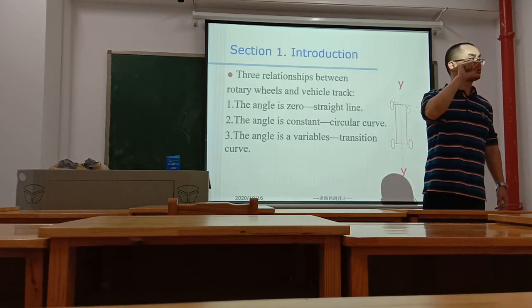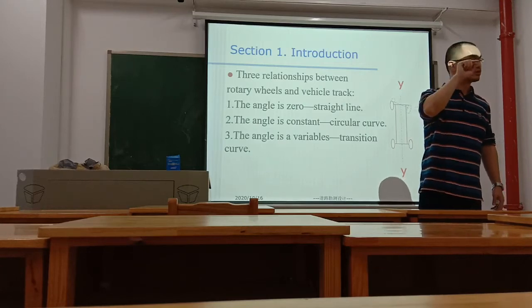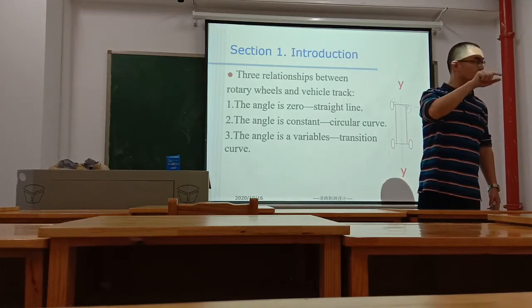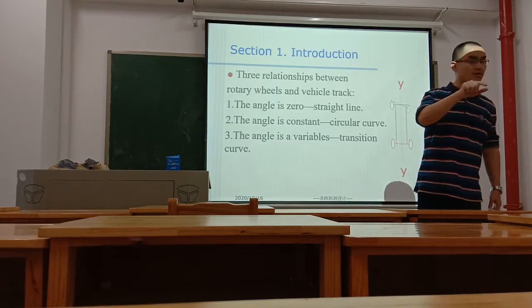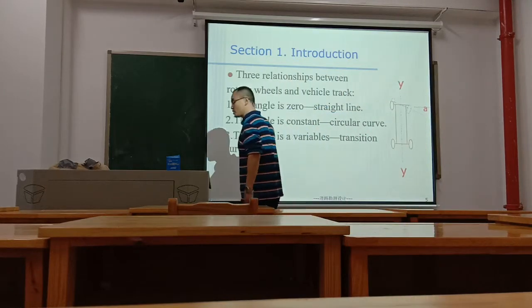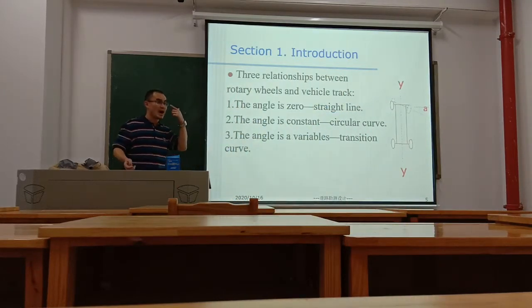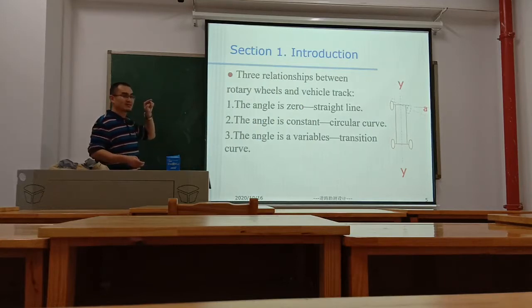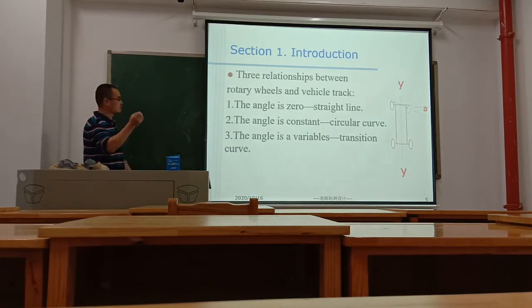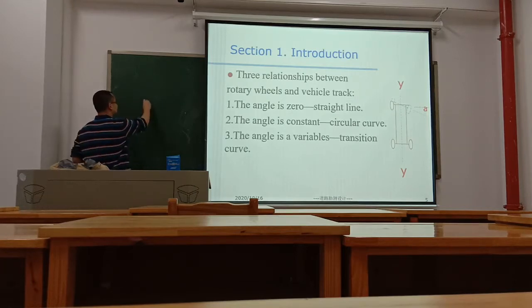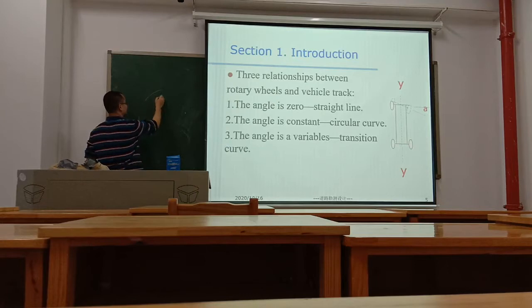You can see the road because your eyes can see and your brain can understand the route. For example, this is a straight line. This is a circular curve.